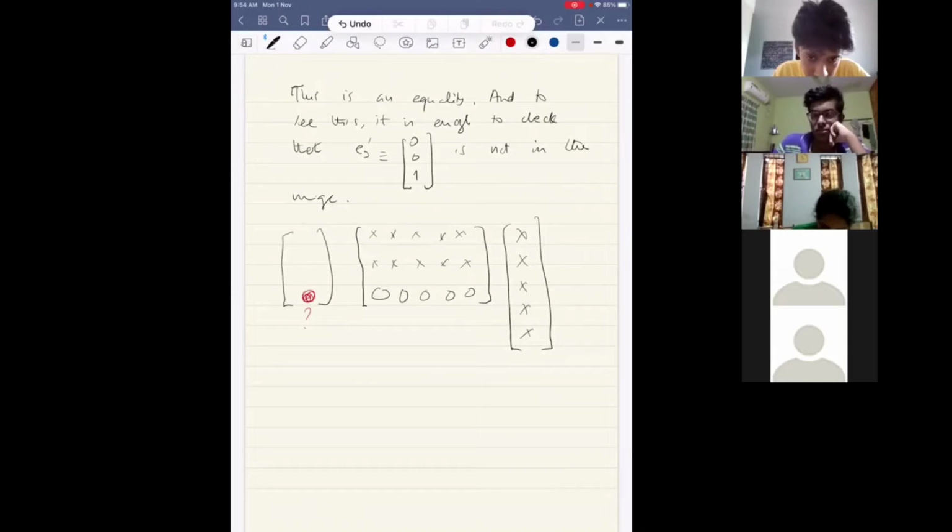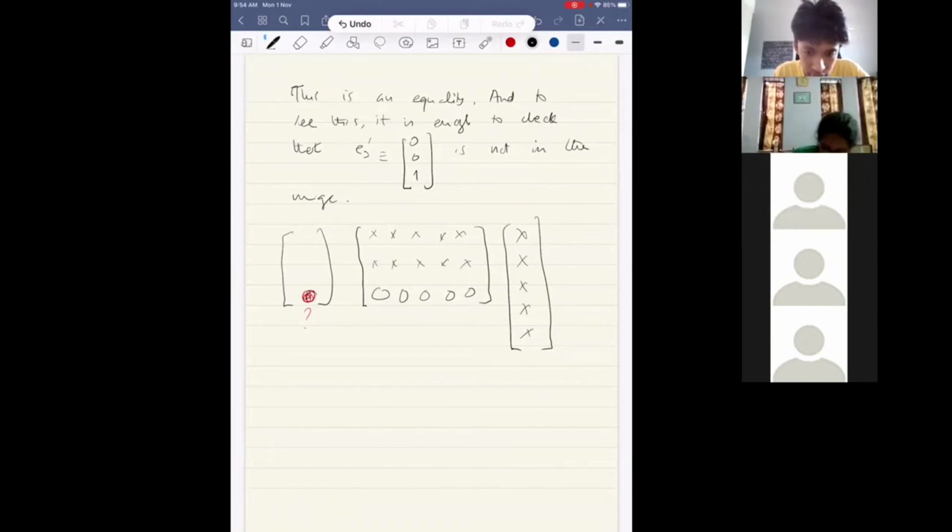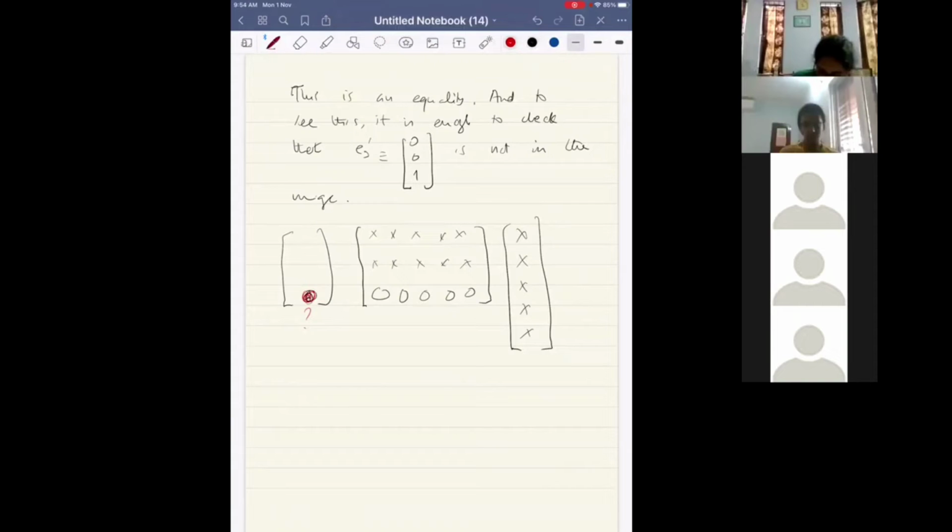Let it multiply any column vector of length 5. What will happen here? It will be 0. Because this is got by multiplying this with this, this with this, this with this, this with this, and this with this, and adding up the results.